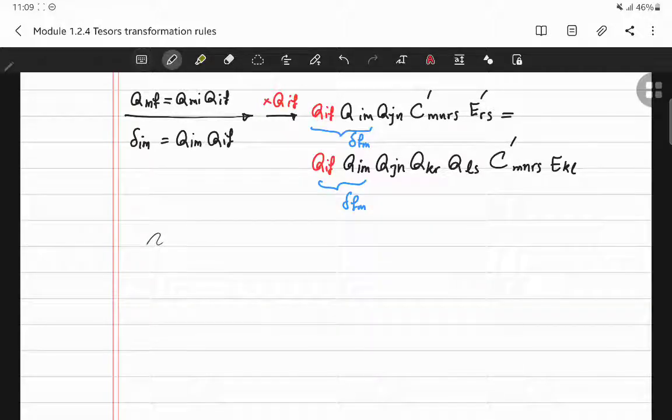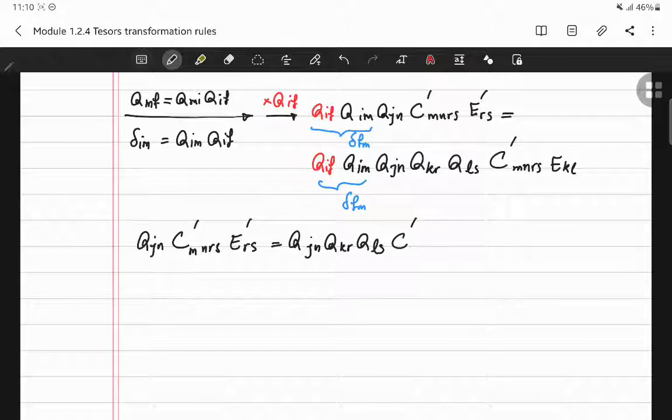It gives Qjn. I don't have any f here, so I just keep it as it is, C prime mnrs E prime rs. I can even substitute this with f, but I would like to stick to m. Qjn, Qkr, Qls, C prime mnrs Ekl. Good.